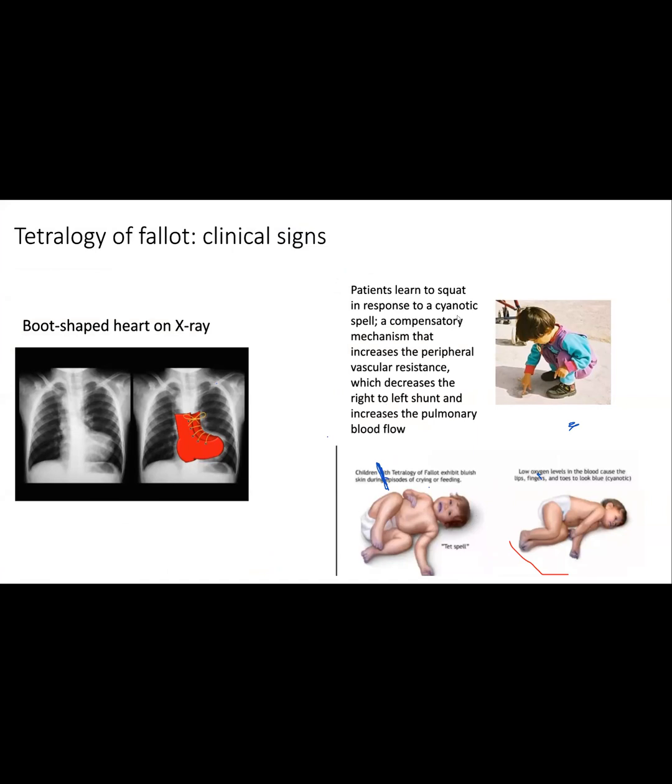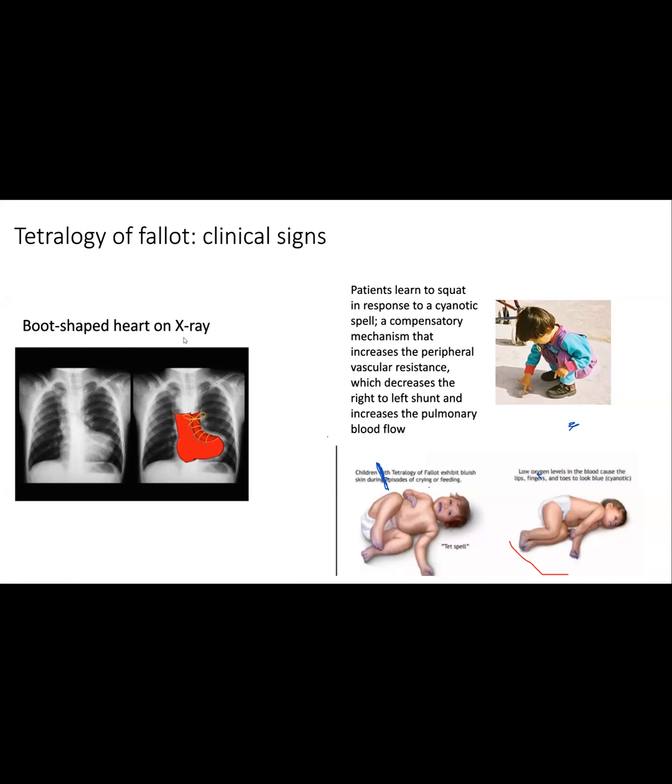So what patients do is that they learn to squat. They sit in this position here, and this is basically a compensatory mechanism that increases the vascular resistance, and it decreases the right to left shunt, and therefore increases the pulmonary blood flow. This means more blood can flow into the pulmonary arteries and more blood can get oxygenated. This is why they sit in this position.